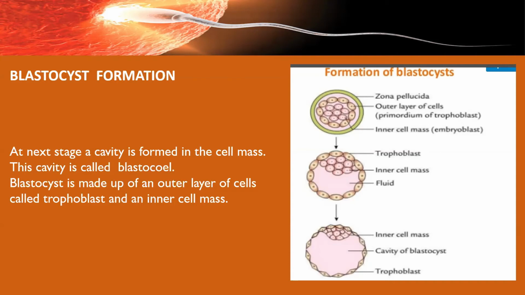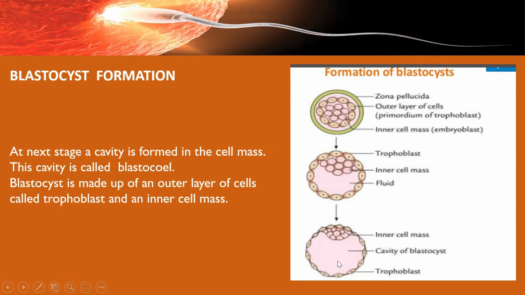But now this is going to enter into the next differentiated stage, that is blastula or blastocyst. Still in this stage, zona pellucida is intact. Now the rearrangement of the cells starts taking place, and the cells get arranged into an outer layer called the trophoblast, and an inner cell mass, and a cavity appears here.